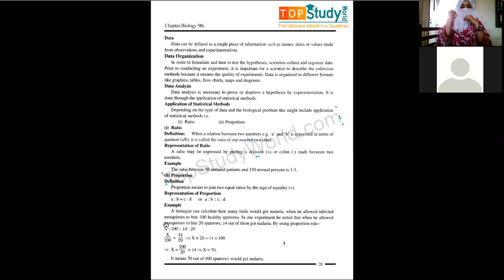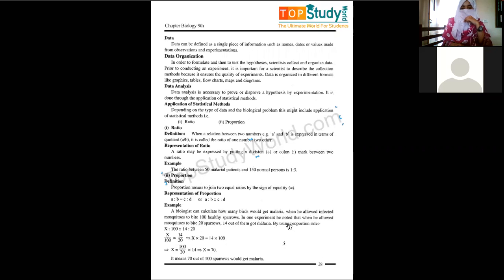Here is the example. A biologist can calculate how many birds would get malaria when he allows infected mosquitoes to bite 100 healthy sparrows. Here we have to find how many sparrows get the disease when 100 sparrows are bitten by the mosquito.